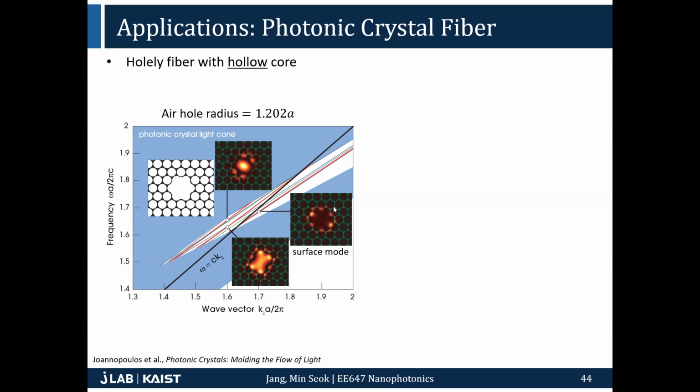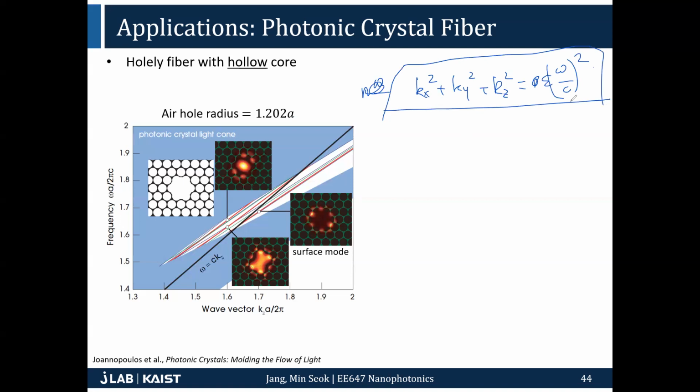Okay. Why is this the case? Well, you probably remember this: kx squared plus ky squared plus kz squared is epsilon omega over c, squared, right? This is the equation that all waves should satisfy, because this is directly from the wave equation.